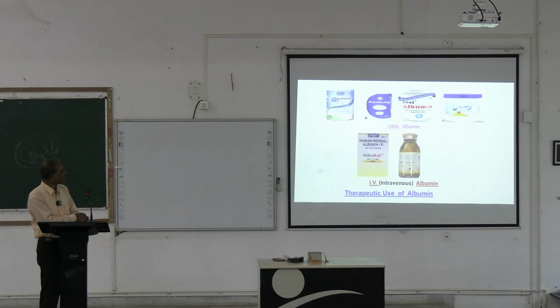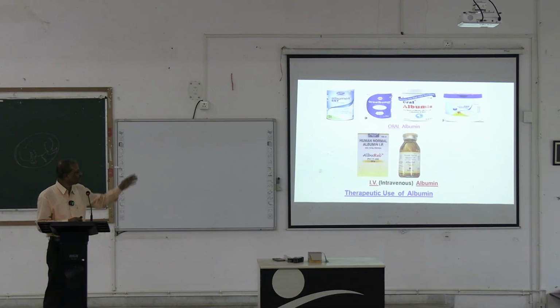In chronic liver disease, if you give oral albumin which contains a high amount of protein, these are available in powder form, in commercial form. Otherwise, those who cannot afford this, this is a very costly item, 600, 700 rupees per 100 grams, give them egg only, egg albumin. That will be much cheaper.